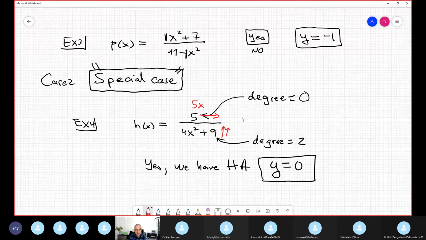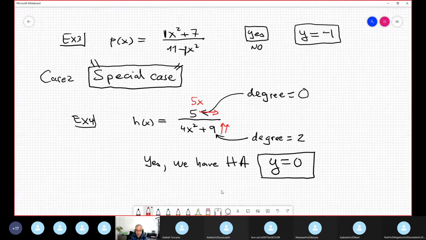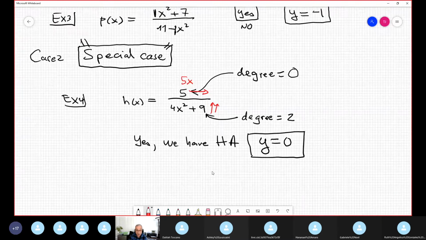It's exactly the same special case. When the degree of the denominator is bigger than the degree of the numerator, it's a special case, and the polynomial in the bottom increases faster. When the polynomial in the bottom increases faster, it's obvious that the entire function decreases to 0. This is the idea for the horizontals. Do you understand? So this is important.